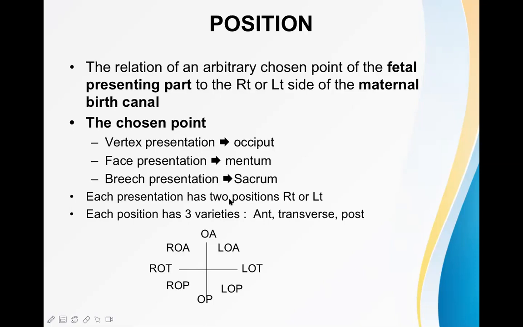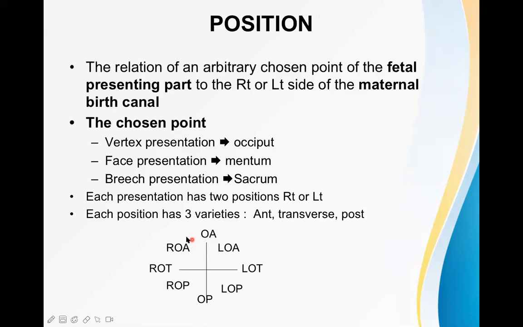So each presentation has two positions, right or left, and each position has three varieties: anterior, transverse, and posterior. To make you understand in an easy way, look here, then it will be very clear for every one of you. So see there.